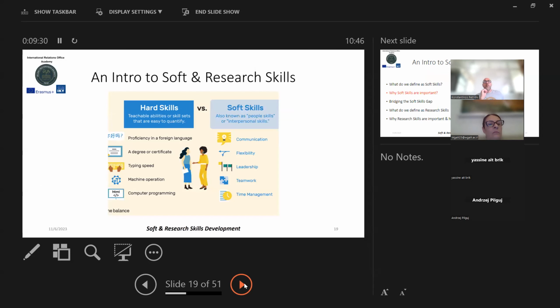LinkedIn Edu has made a distinction: what are the hard and soft skills? There is an exercise that we are going to play in a while in order also to have your opinion. But you can see in this cartoon the different categories, what are the hard and soft skills.